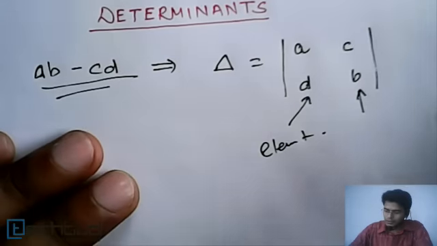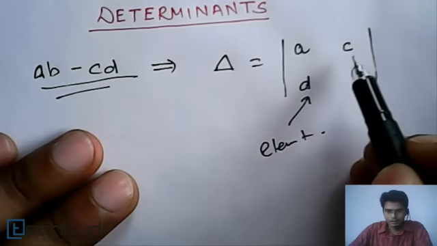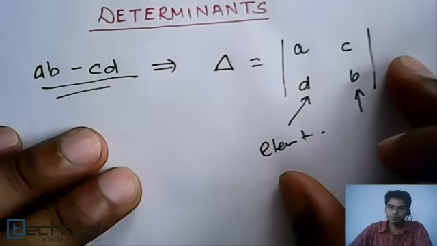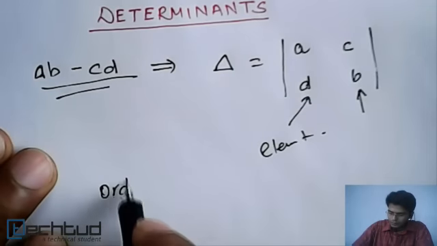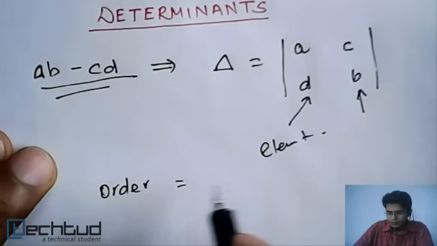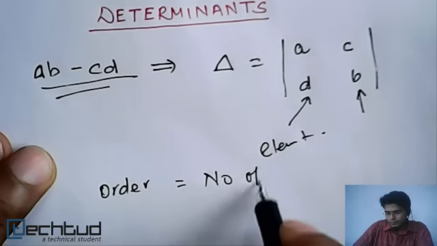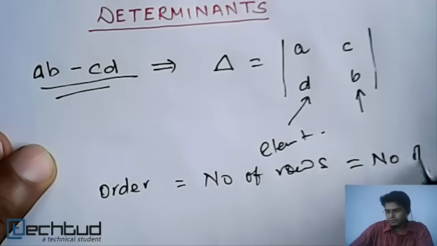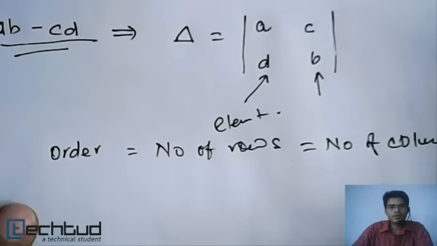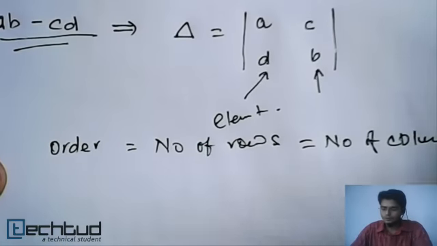So here this determinant is of order 2. What is the order of determinant? Order equals the number of rows or the number of columns. So this is the order of determinant.